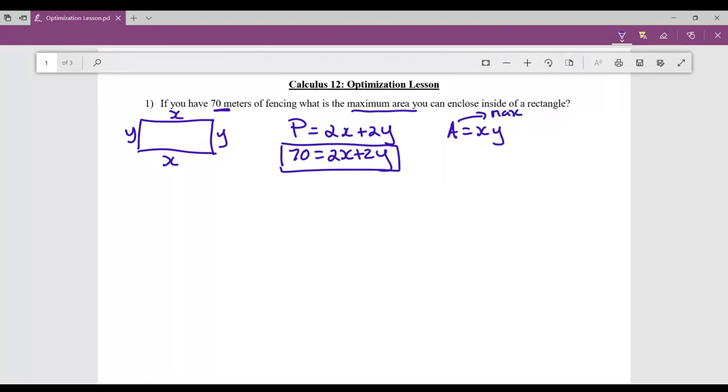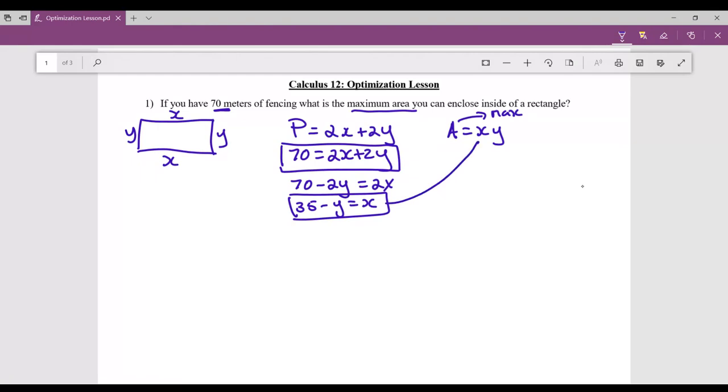So we need to take the perimeter equation and solve for one of the variables and sub it into the area formula. It doesn't matter which one you solve for. I'm just going to solve for x. So it's 70 minus 2y is equal to 2x, divide off the 2's, so you get 35 minus y is x.